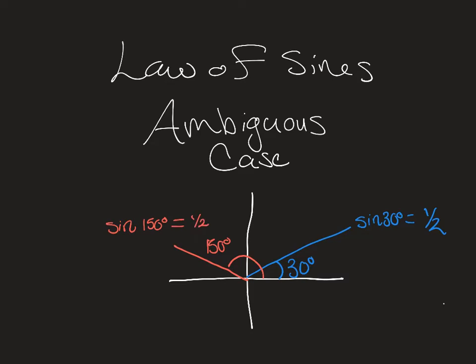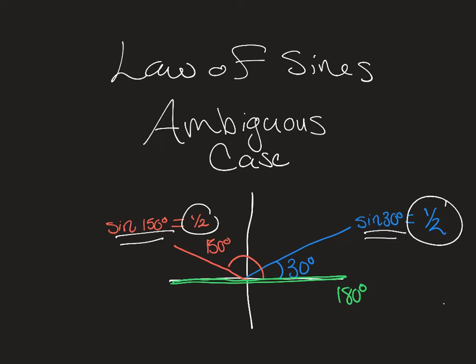The reason we're only looking at the first two quadrants is because this green line that I'm making is 180 degrees, which is the biggest angle you could have in a triangle. So sine of 30 degrees and sine of 150 degrees both equate to a half.